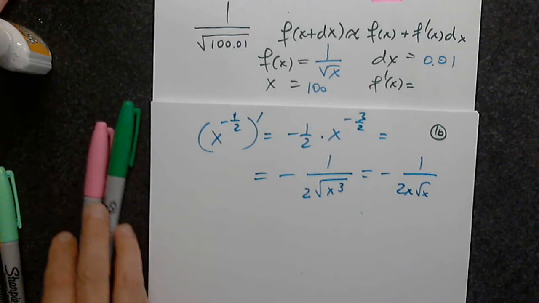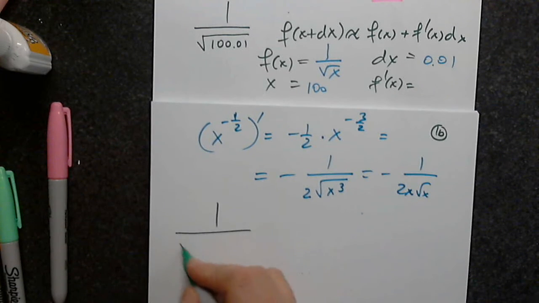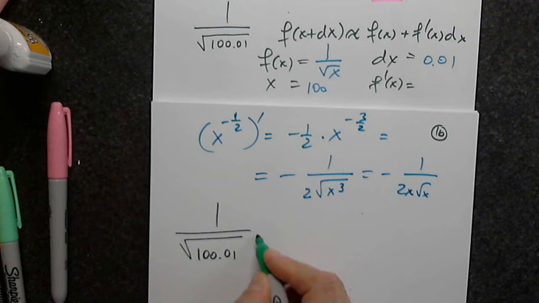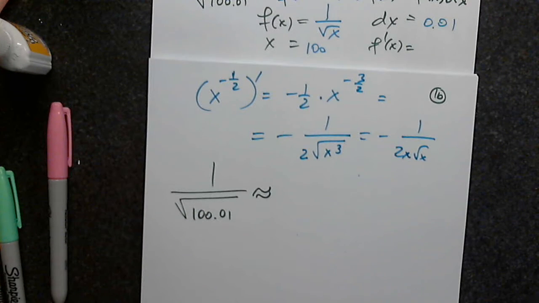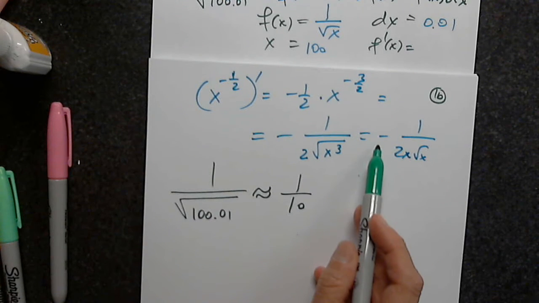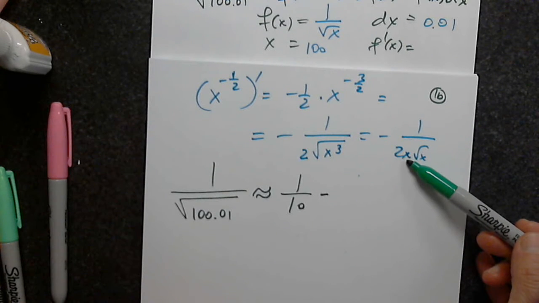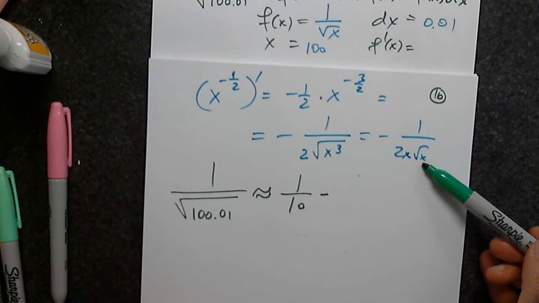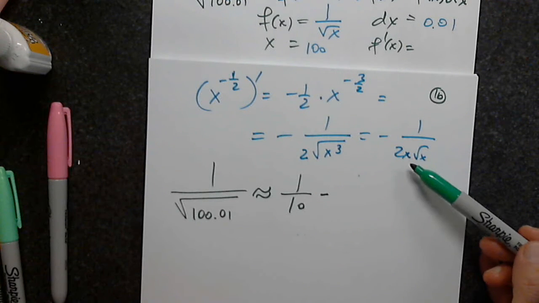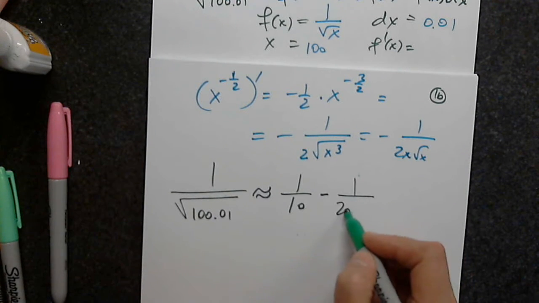So now we have all these pieces, so let's put them together. 1 over the square root of 100.01 is approximately, this is not exact as we know, 1 over the square root of x, where x is 100. What is that? 1 over 10. Very good. Now look at this as a minus. I have 100 here, but the square root of 100 is 10. So 100 times 2 is 200, times 10 is 2,000.